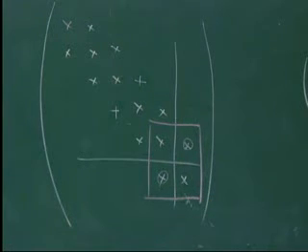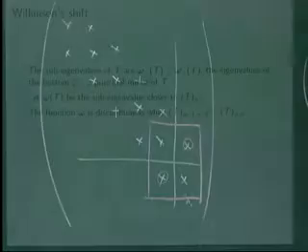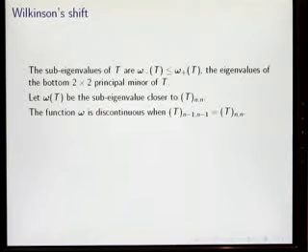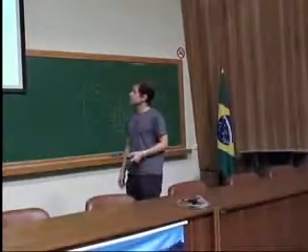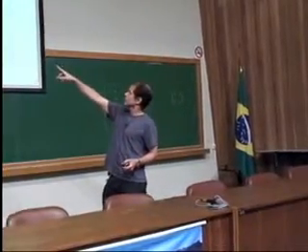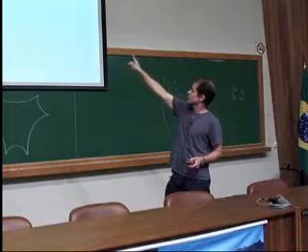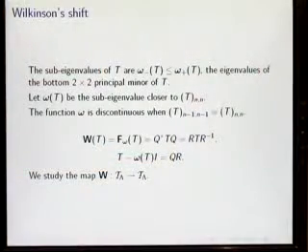And you choose that as a shift. Notice that omega is discontinuous because exactly who is closest is something which changes when the two are at exactly the same distance, which is equivalent to that condition. And now you define Wilkinson's shift as that. And we want to study that map.